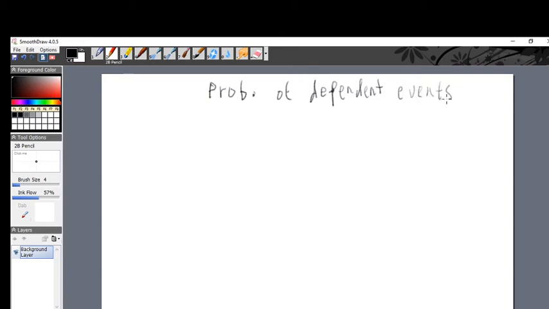Okay, now here's the example. This is going to be example number one. And first, let me show you the formula.